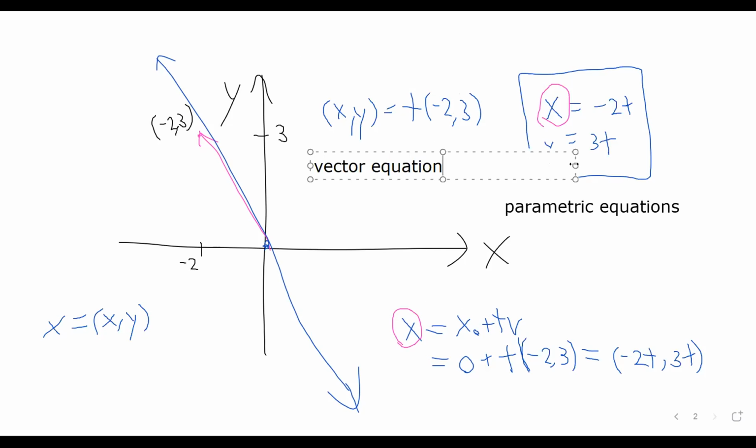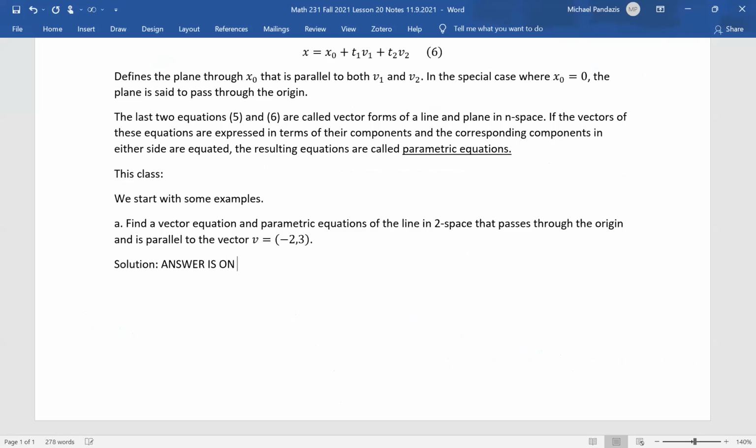So the vector equation is also describing the line, but using vectors. x comma y is a vector, right? -2, 3 is a vector. Those two are vectors, and so this equation is built from vectors. The other equation, x equals -2t and y equals 3t, uses parametric equations to describe the line. So that's why I have names: vector equation and parametric equation. Okay, so the answer is on the whiteboard. So we described the line using a vector equation, also using parametric equations.